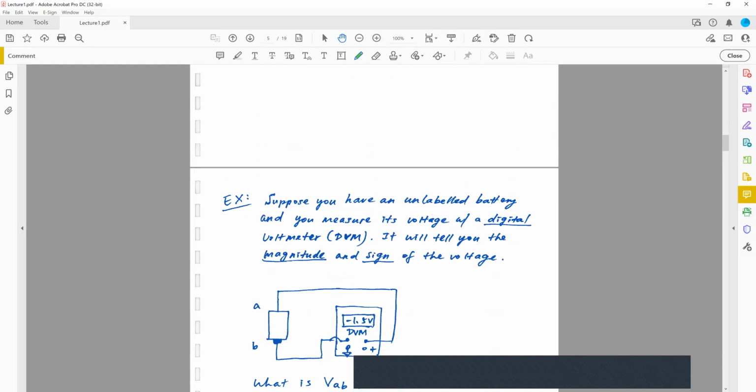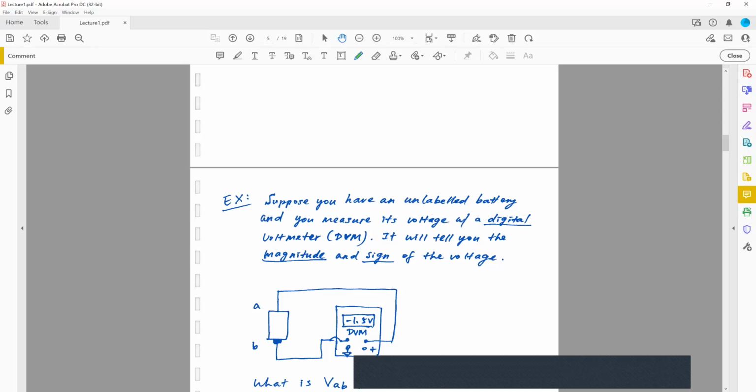As an example, I have some battery and I have this DVM hooked up this way. The positive terminal of this DVM is going to this terminal of the battery, and the ground is connected to the other side of the battery.